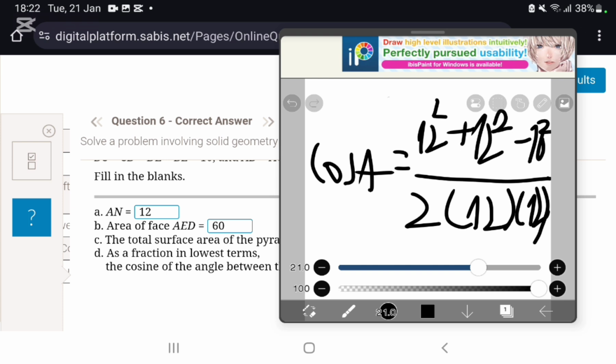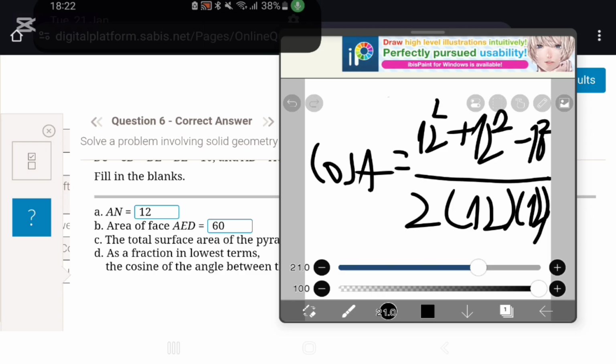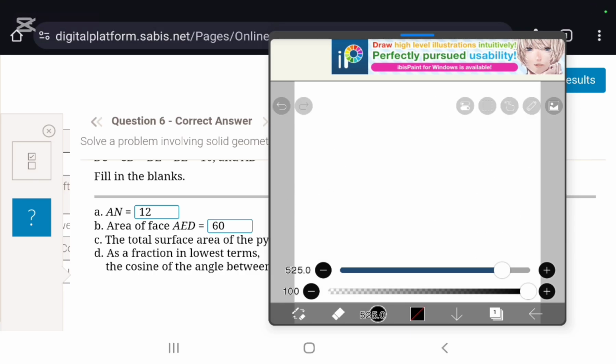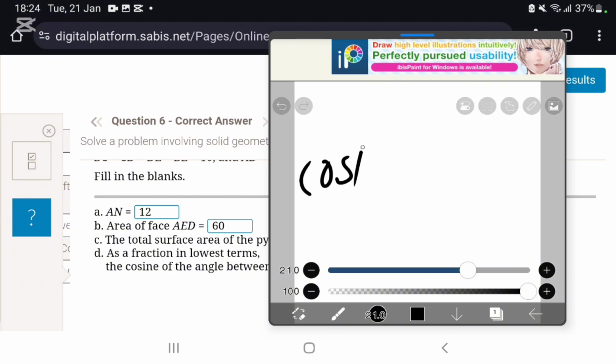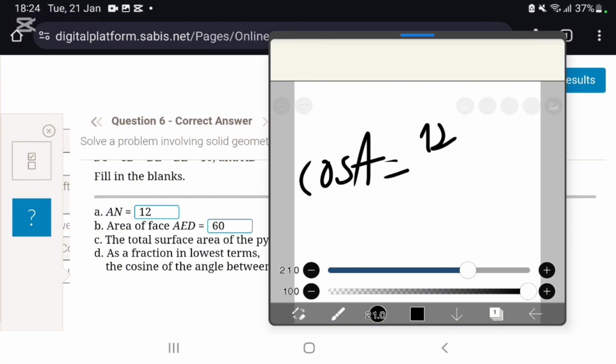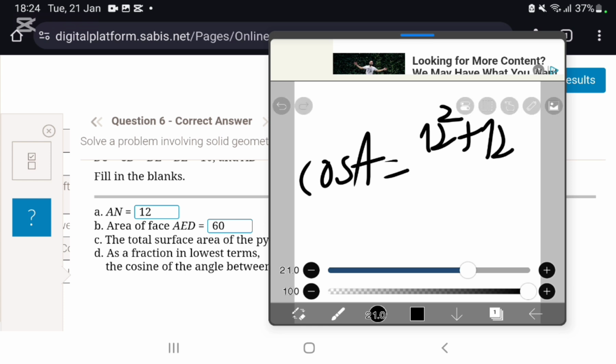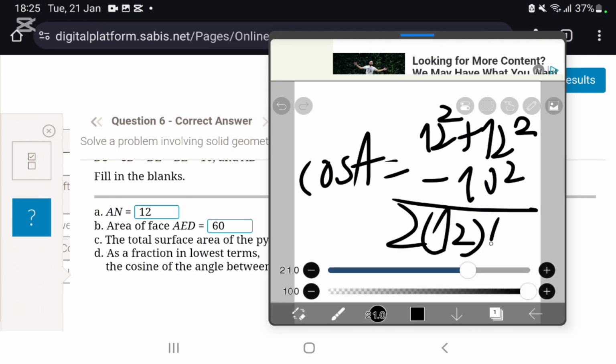So as I said, cosine A is equal to 12 squared plus 12 squared minus 10 squared over 2 times 12 times 12, and you'll get 0.65277.